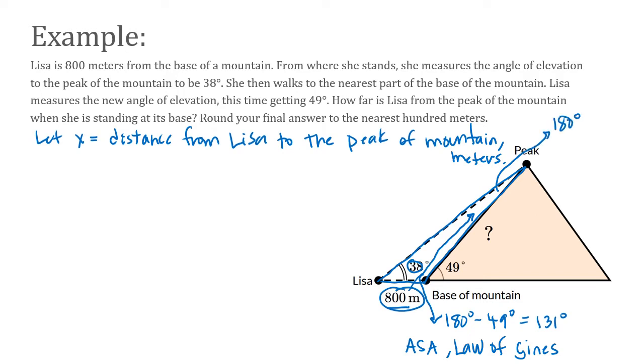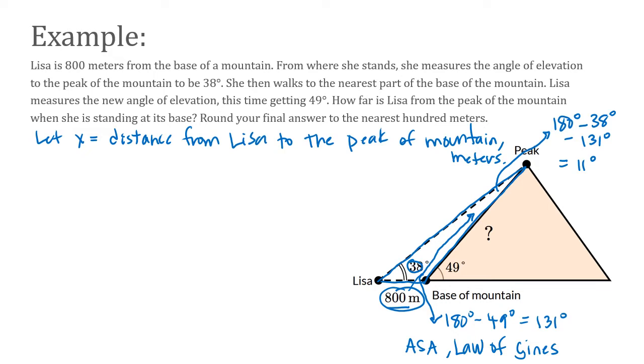That's 180 degrees minus the 38 that was given minus the 131 that we calculated. That ends up giving us an 11 degree angle. So it is pretty teeny, 11 degrees, but doesn't matter how teeny it is.